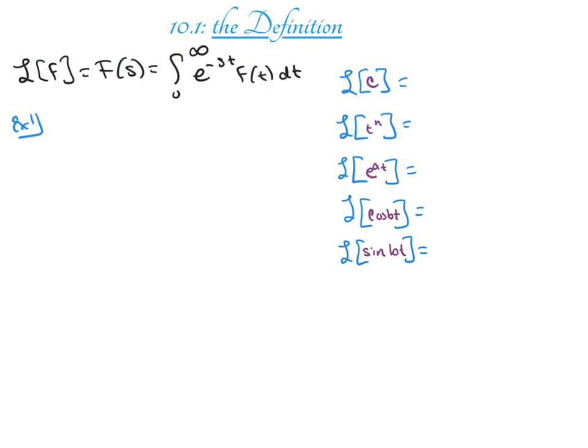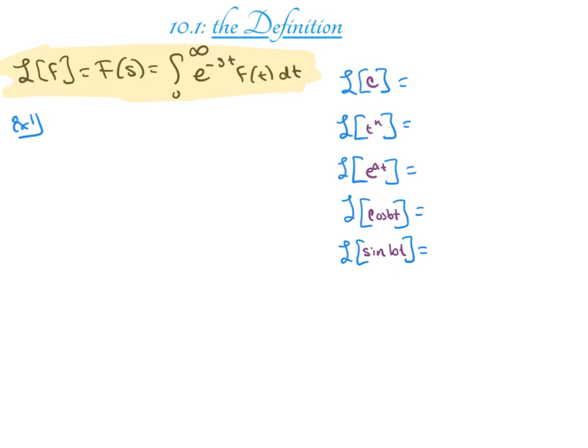Okay, so I wanted to keep our definition up here, so I'll highlight this definition in yellow so we can refer back to it as we go through. And then on the right-hand side of the page, you'll notice I have the Laplace of a variety of functions.